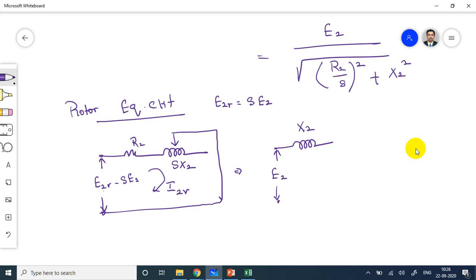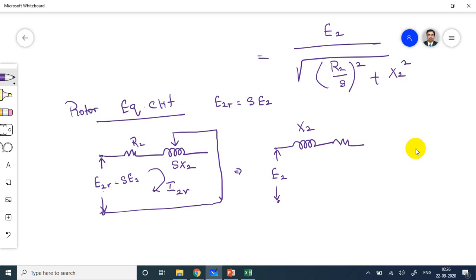Because S goes to the denominator, you have to divide by S in all the parameters, R2 and X2. When the motor is at standstill, you have to divide the slip value for resistance and reactance. So S and S will be cancelled, and you will get only X2.